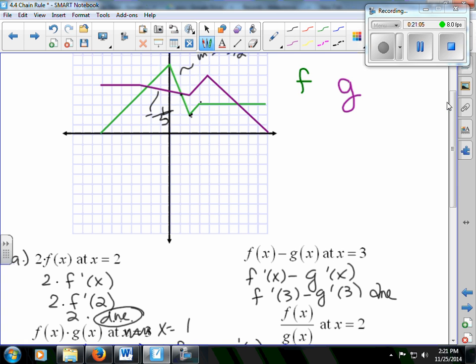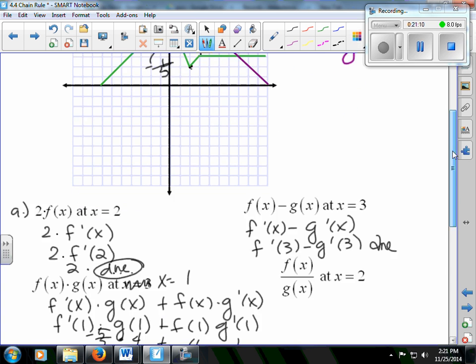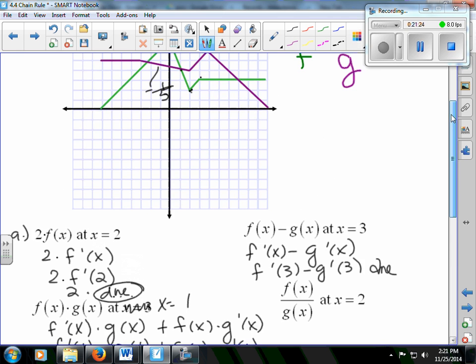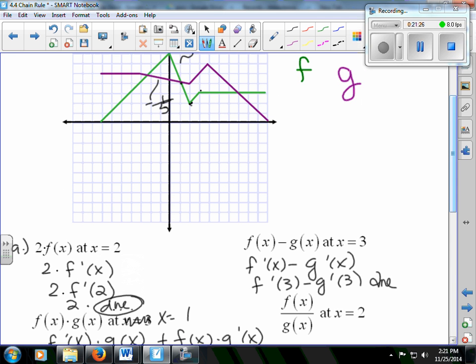Let's do this at x equals 4. And I will replace x with 4. And I have to find out what g of 4 is and what g prime of 4 is. So if you look at this graph, here's where x equals 4. G is the, well, I can't do g.